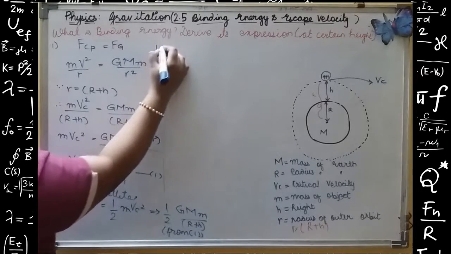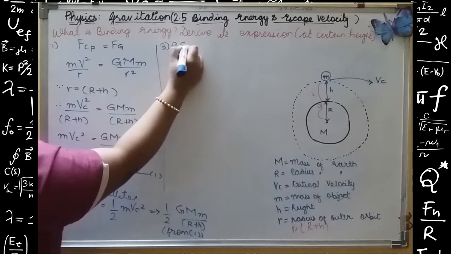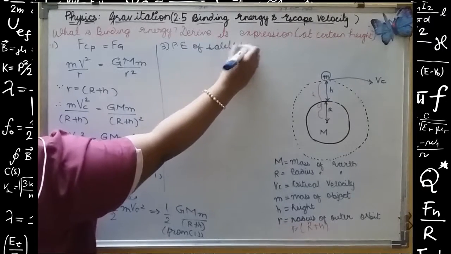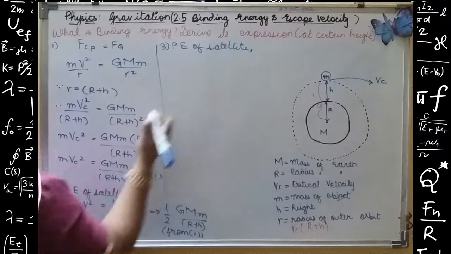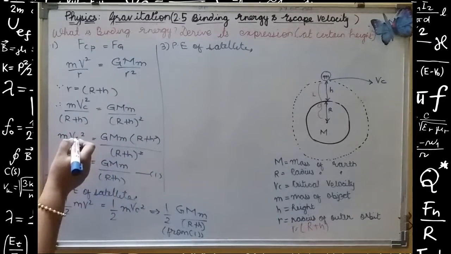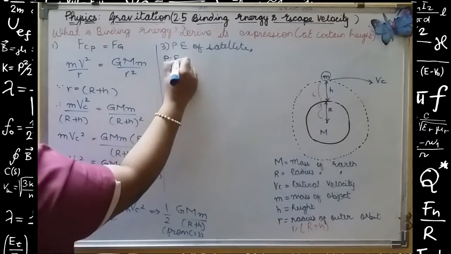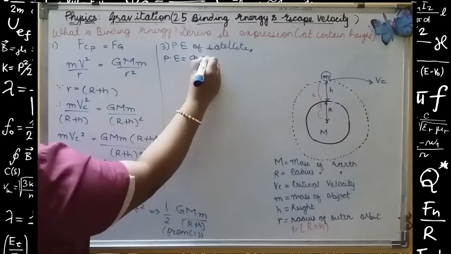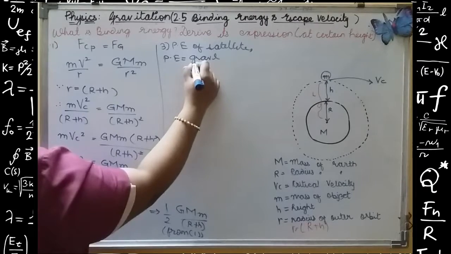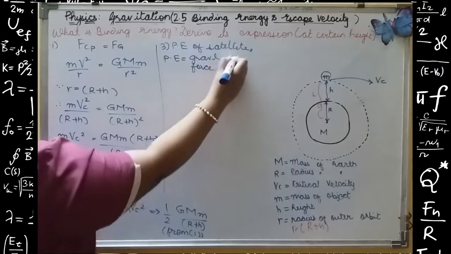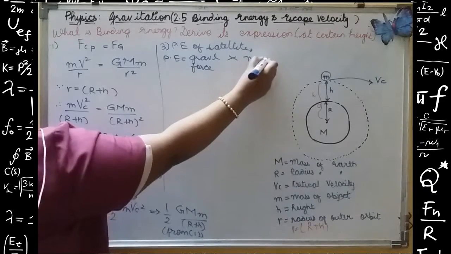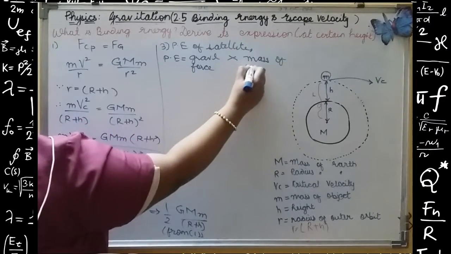Also there will be some amount of potential energy possessed by the satellite. Potential energy would be nothing but how much gravitational pull or force is experienced by the satellite into how much mass of the satellite is present.